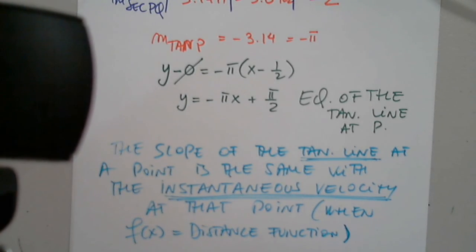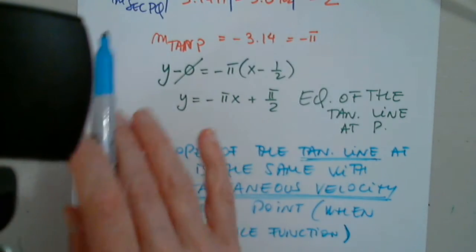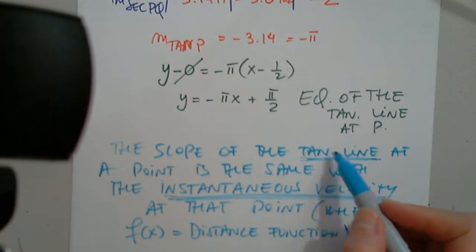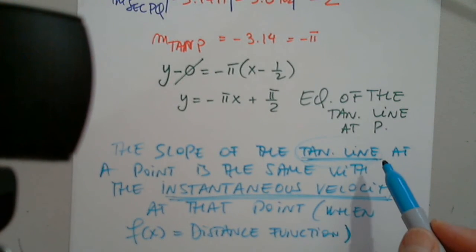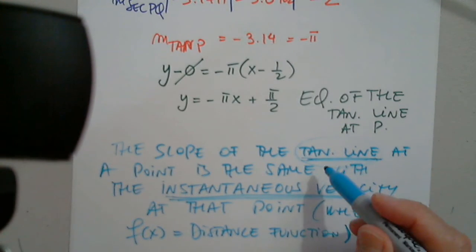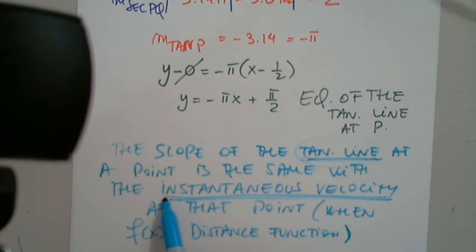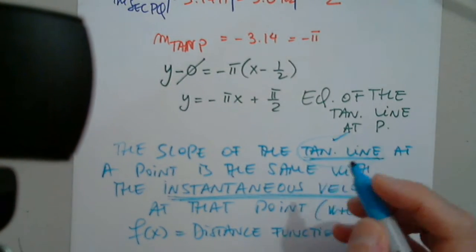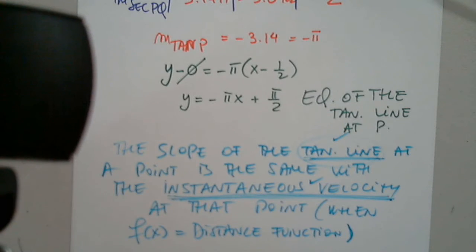So if the problem says that the function is a distance function, instead of asking us to find the slope of the tangent line, they will ask us to find the instantaneous velocity at a point. These are two identical topics.